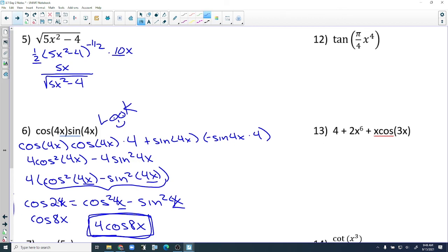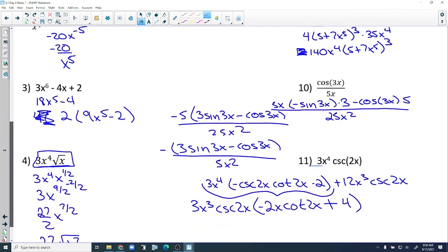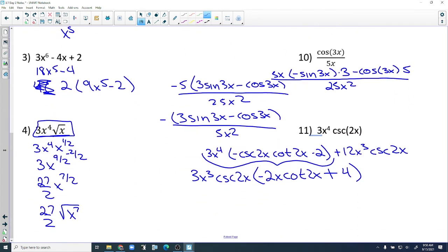You also take a 2 out of that. Oh, could I take a 6 out? Oh, I think you're right. Yeah, because I have a 2 there. All right, we'll just make it like this. 6x to the third. Thank you. Negative x cotangent 2x plus 2. There we go. So I could have taken a 6 out originally.